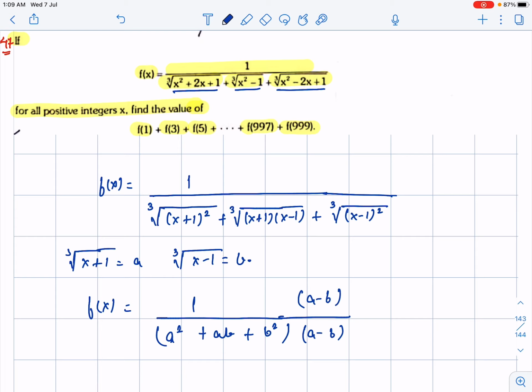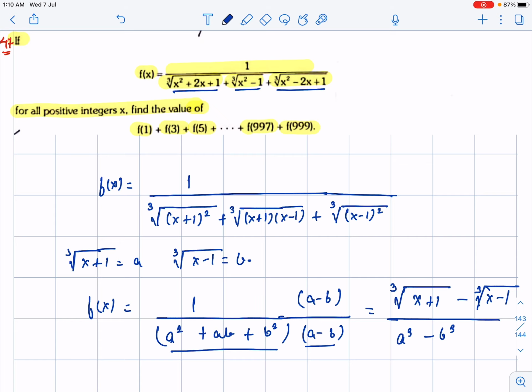So what will be the value of a minus b? We can see, guys, the numerator will be cube root of x plus 1 minus cube root of x minus 1. The denominator will become a cube minus b cube, because a minus b times a square plus ab plus b square is an identity, a cube minus b cube.